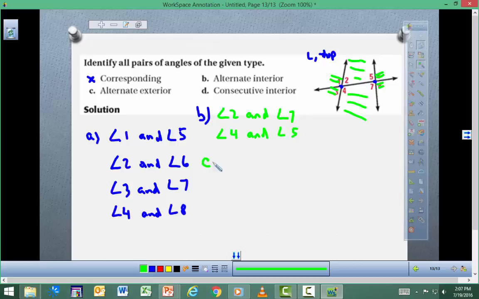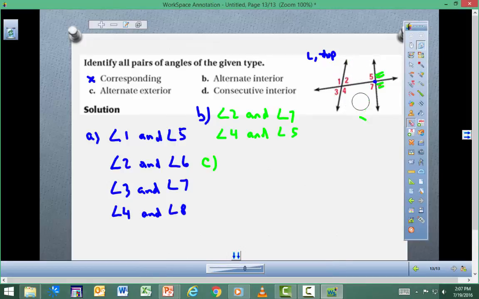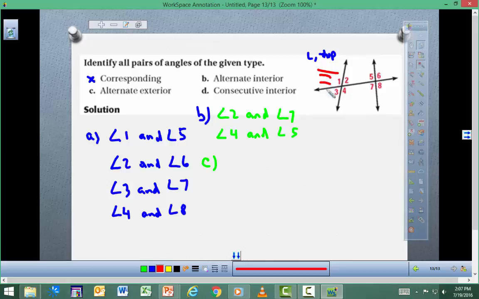And now let's do part C. Part C, we're looking for the alternate exterior angles. Now we're talking about the exterior portion, which is the part that's on the outside.